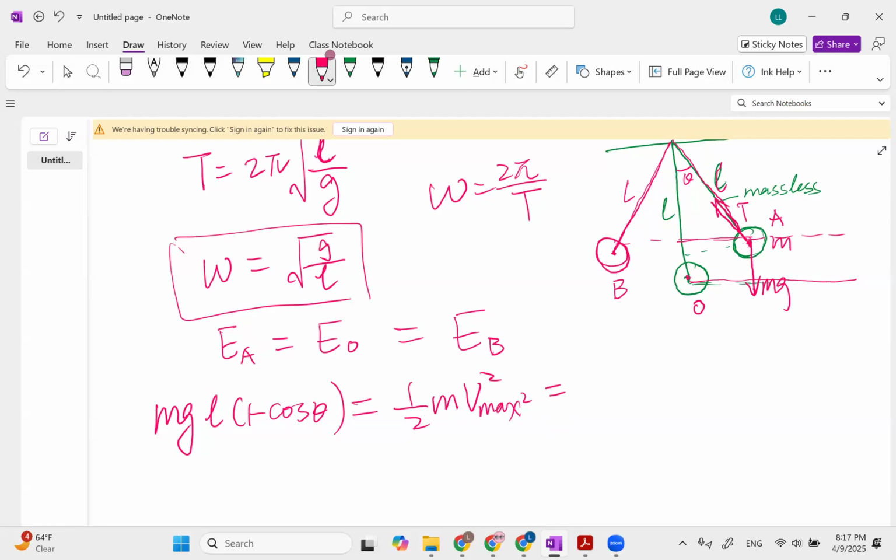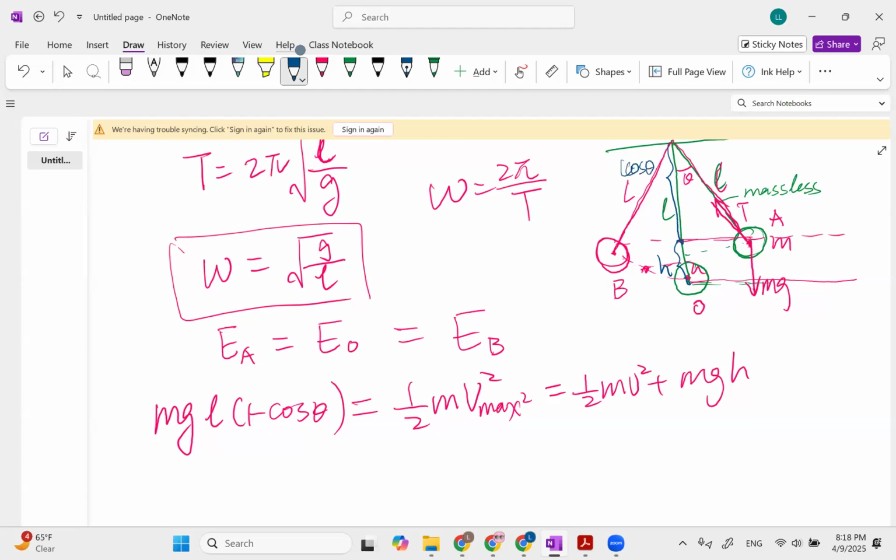And when it's anywhere between, it will be half m v squared plus m g h. H is basically anywhere between, right? And do you understand here, this H is equal to the whole length, and then if you look at this part, L cosine theta.